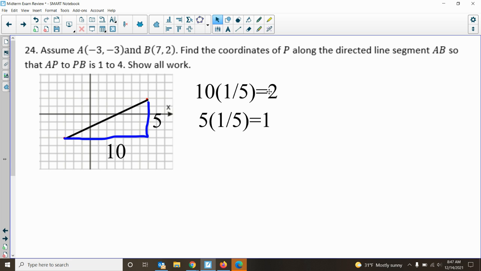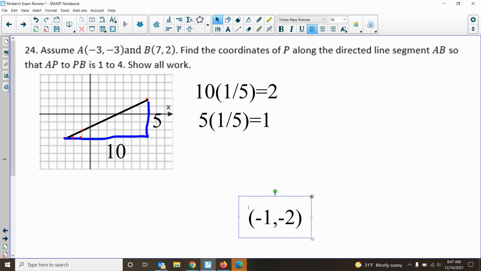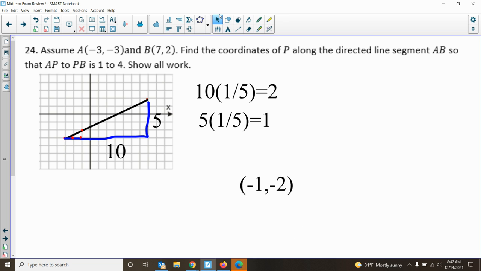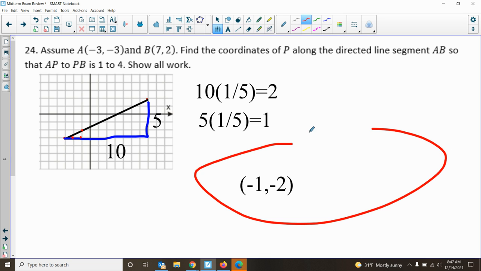This means I'm going 2 to the right and up 1 from my starting point. Because I remember it's 1/5 of the way. So I only got to go 1/5 of 10 and 1/5 of 5. So go to my picture, go right 1, 2, go up 1, and it looks like I end up at -1, -2. Final answer.